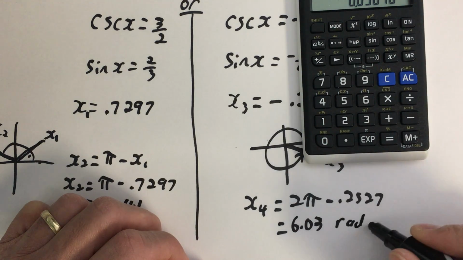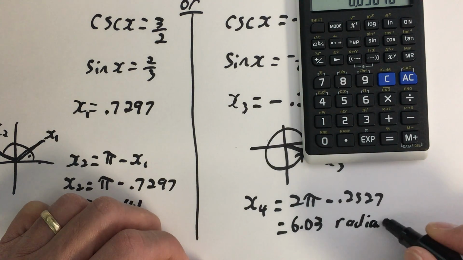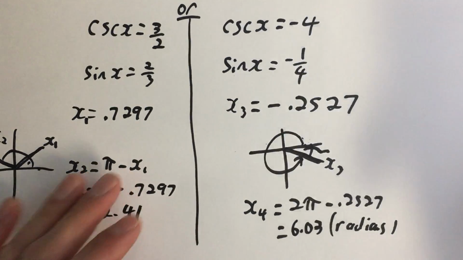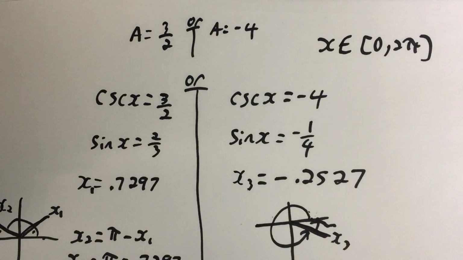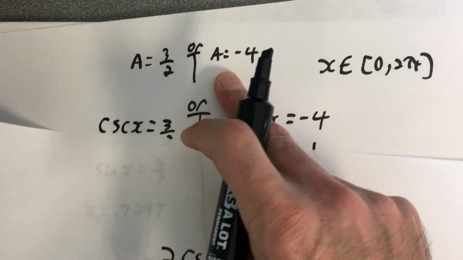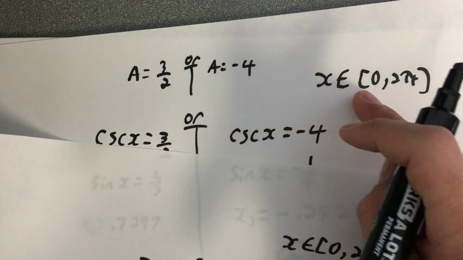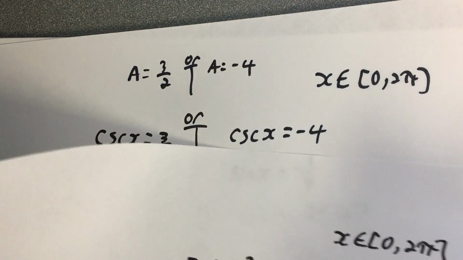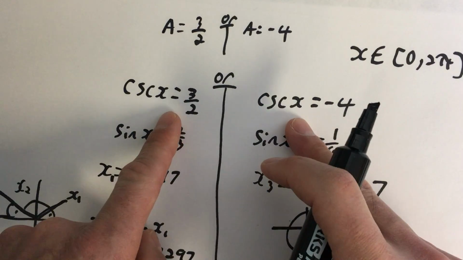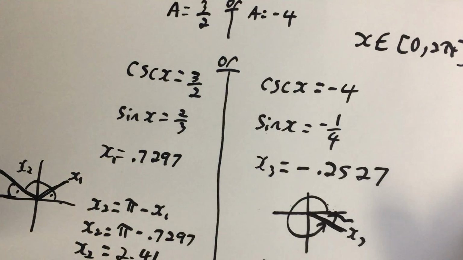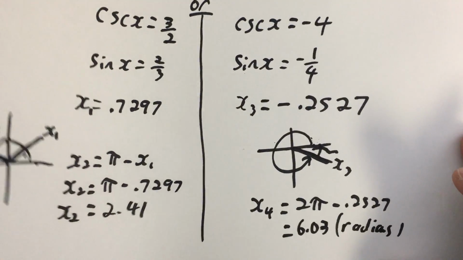Now, am I done because I have 4 solutions? The answer is no. I'm looking for 4 solutions between 0 and 2 pi. I know ahead of time I'm looking for 4 solutions because this is a quadratic, and a quadratic has 2 solutions. And then on the interval from 0 to 2 pi, because that's a full cycle, each of our trig functions is going to have 2 solutions, or can have 2 solutions.